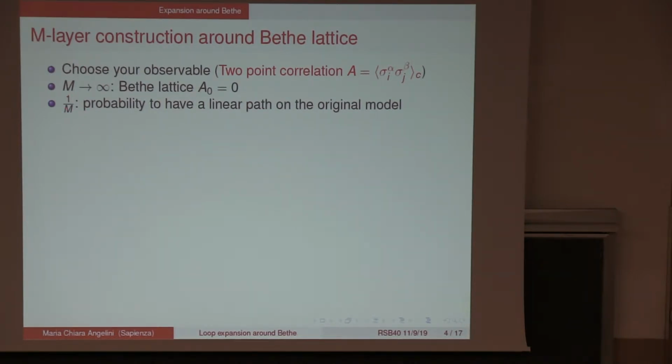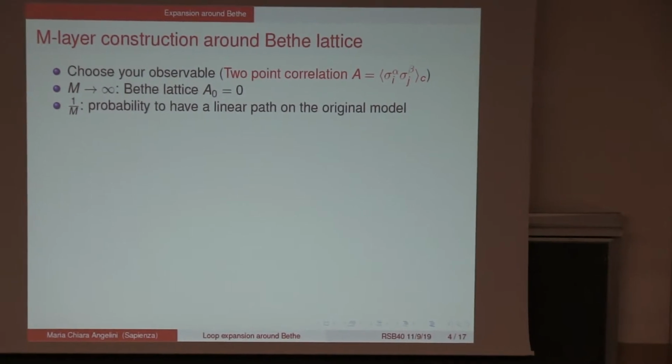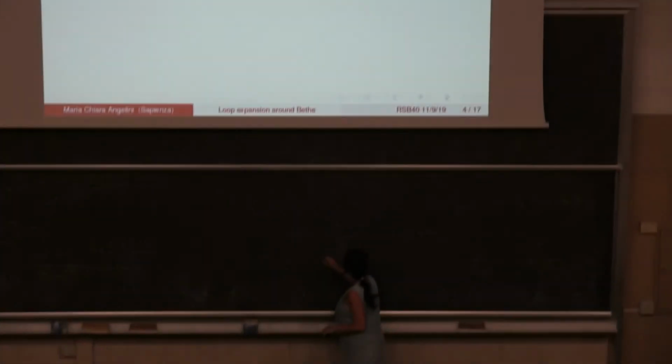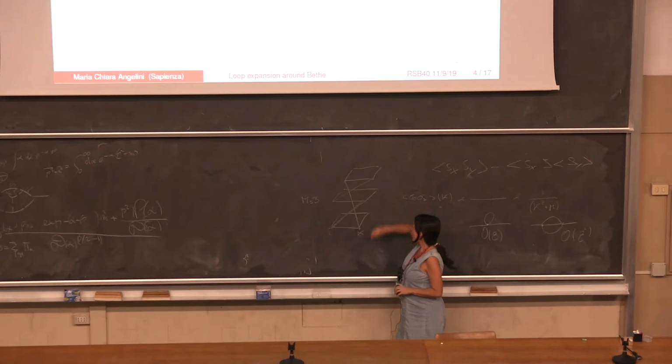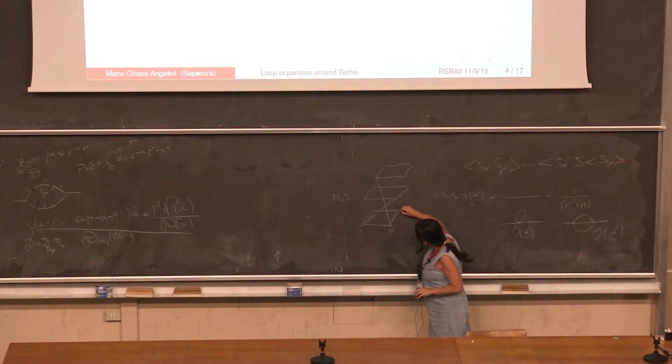1 over m is really the probability to have a linear path between the spin i and the spin j on the original model. So, this is the spin i, this is the spin k, this is the spin j. From i I can go wherever I want in k. And then with probability 1 over m, I will pick exactly this layer.